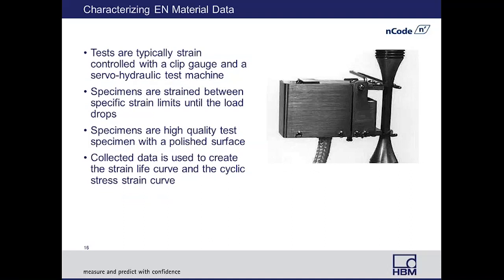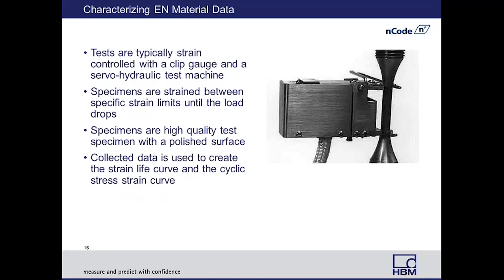Characterization of strain life is conducted in a laboratory setting in a similar manner to stress life. However, when conducting the test, we will actually do a strain control test. There's going to be something like a clip gauge on the test specimen, and it's going to be cycled with a servo hydraulic test machine.